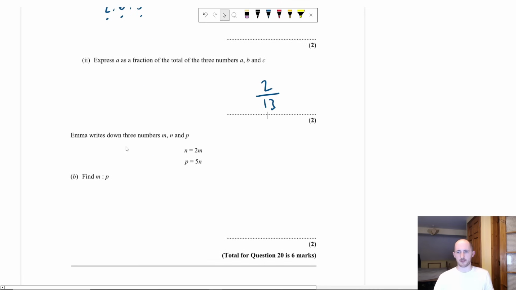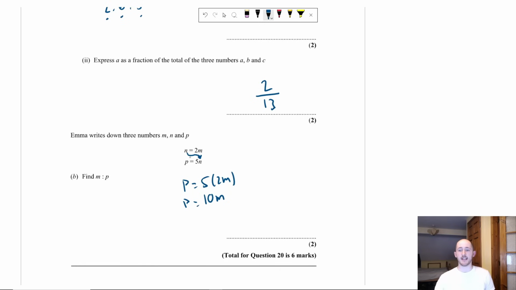Emma writes down 3 numbers, M, N, and P. Find M to P. Okay, so, a few ways to do this. We just want M to P, right? So I'm going to take this value of N and sub it in to this equation. So that's P is equal to 5 times 2M. So that's P is equal to 10M.